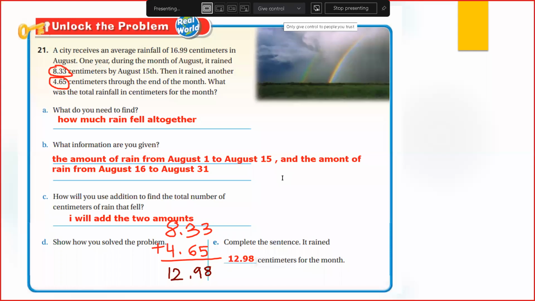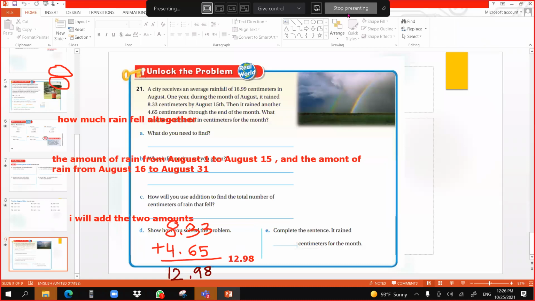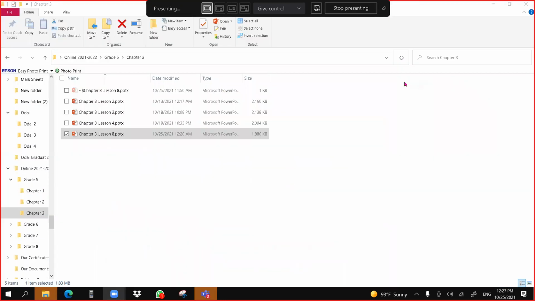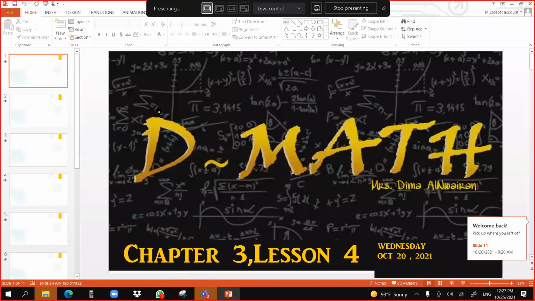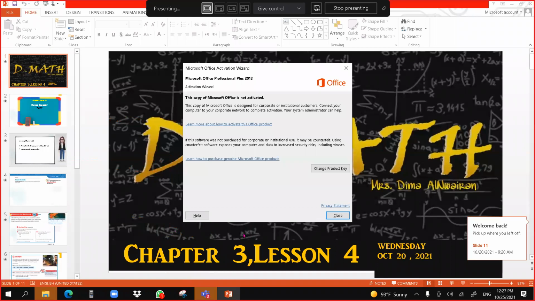Okay, page 172. I remember that I told you later on we will finish it.